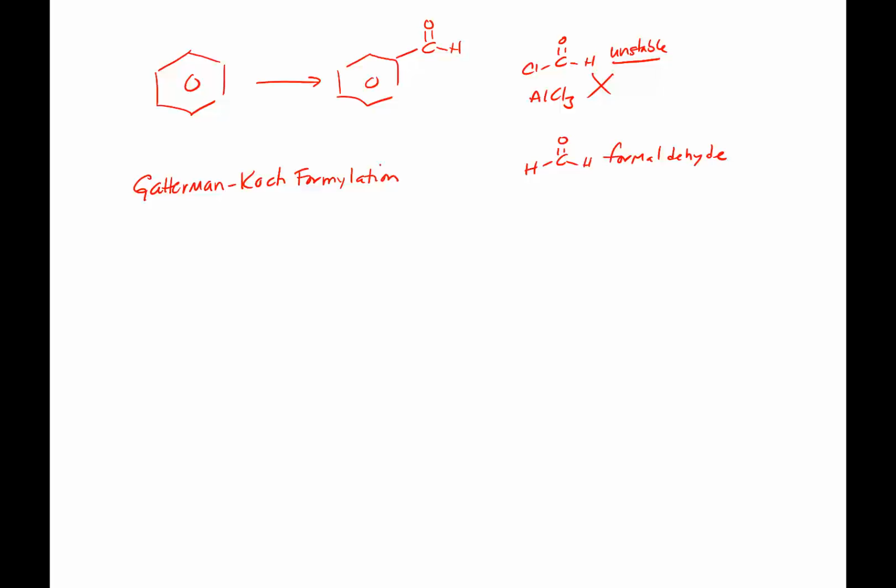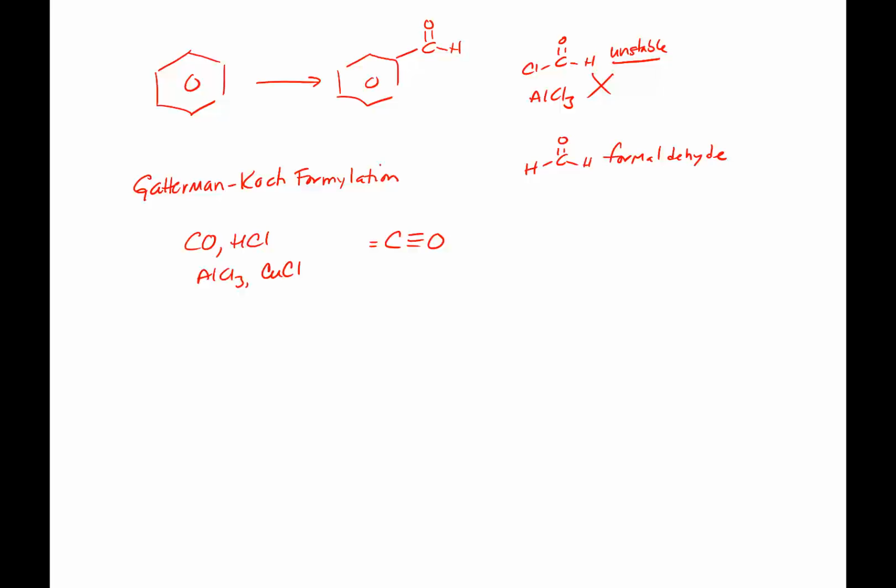So Gatterman-Koch, what they said was, this is an industrial process where we take carbon monoxide and HCl along with a catalyst of aluminum trichloride and copper(I) chloride. So what they're doing is they're actually taking the carbon monoxide and adding HCl to it. So if you think about what carbon monoxide looks like, it looks like this.